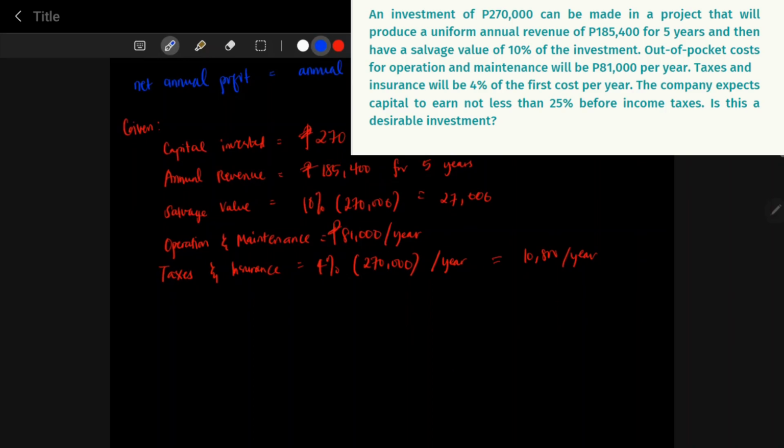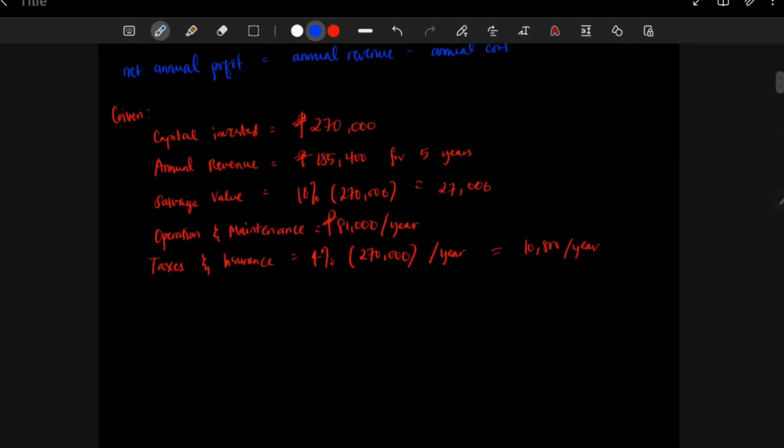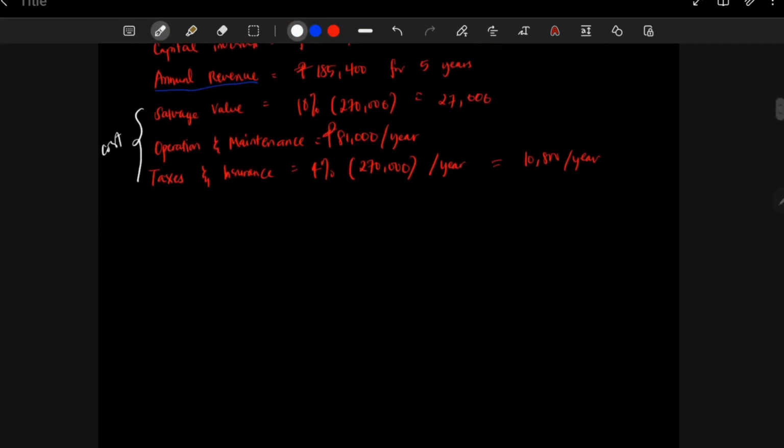Therefore, you already have the annual revenue. Everything here is the cost. In the ROR method, you have to compute for the depreciation.